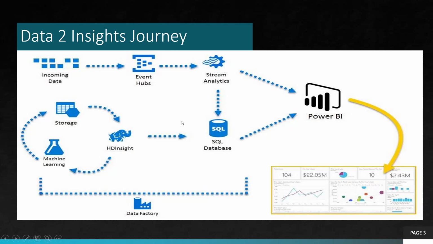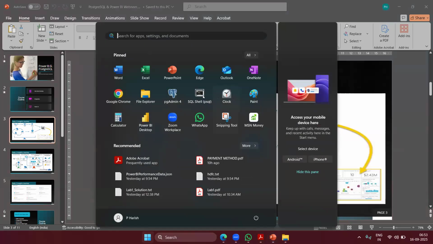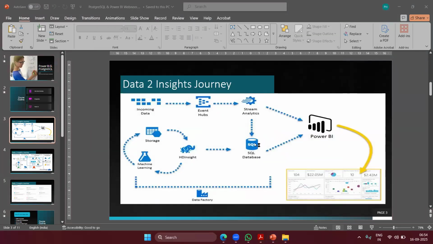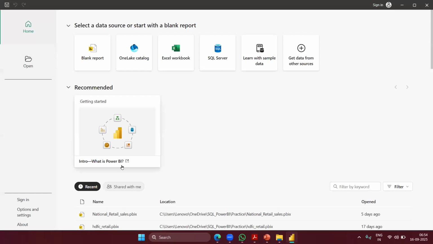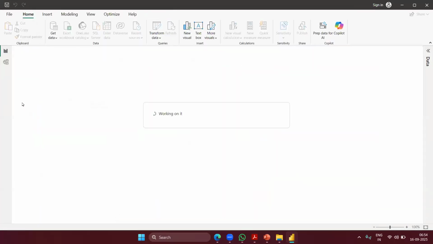Now, this data sits in these systems in the form of tables, files, and so on, and we are not going to utilize it as it is. How can we make the best use of it by converting this data to insights? Let me show you a practical example of the same thing from Power BI, from one of the previous classes. Let it open. I'm opening our previous class.